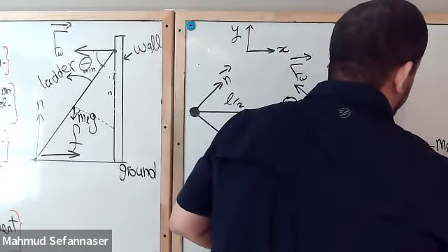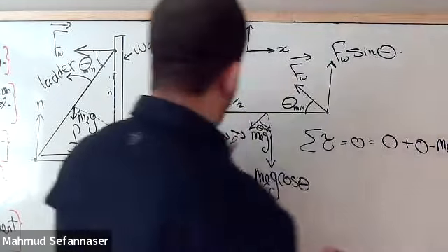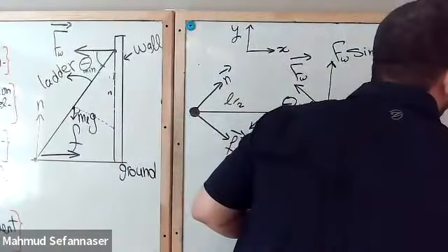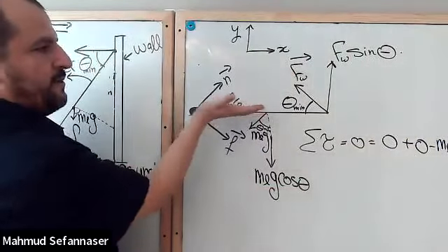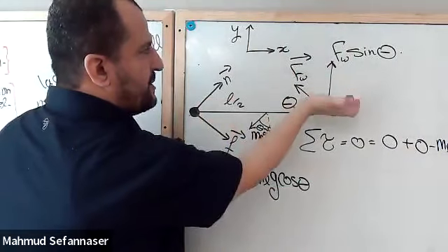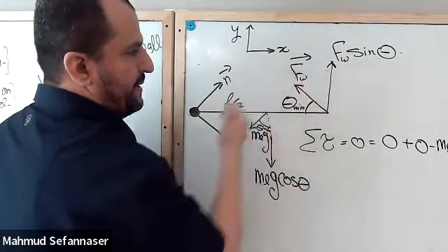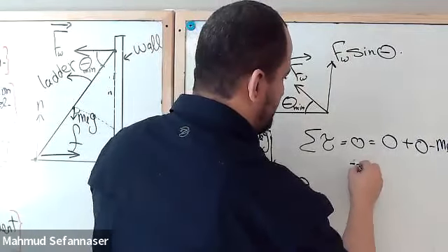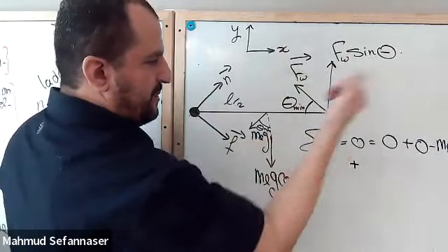We have m ladder times g cosine theta times L over 2, which is the arm, and then we have L cross F wall sine theta. So now we will have positive, because if we do L cross this force, that will give me torque in this direction.